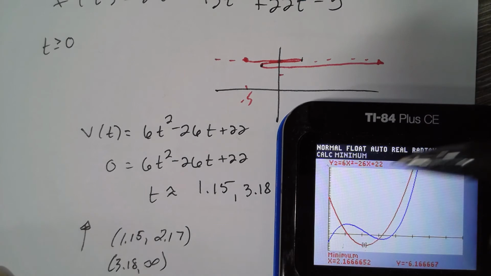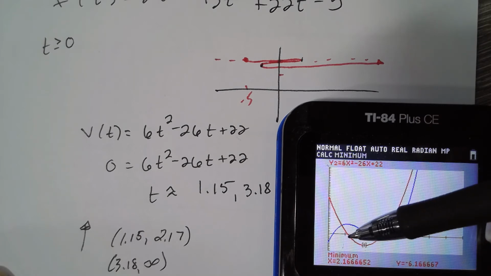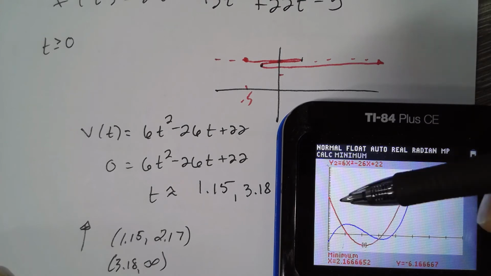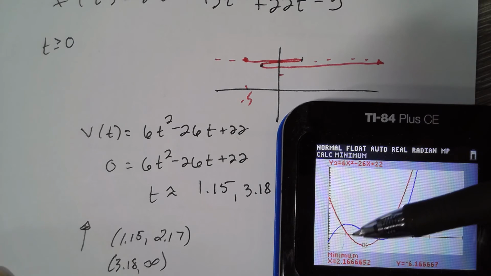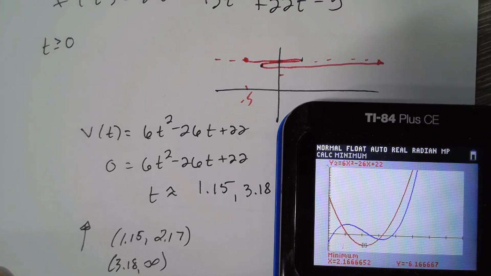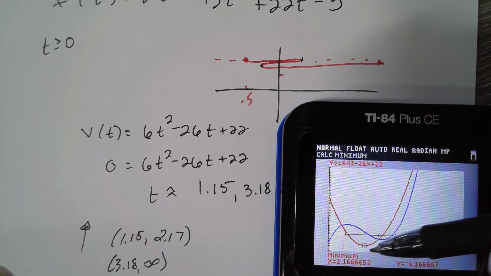It's slowing down anytime the velocity is getting closer to the x-axis. If the velocity is going away from the x-axis, it's speeding up. So it's slowing down until we get to 1.15, and it's slowing down here to here because it's going toward the x-axis.